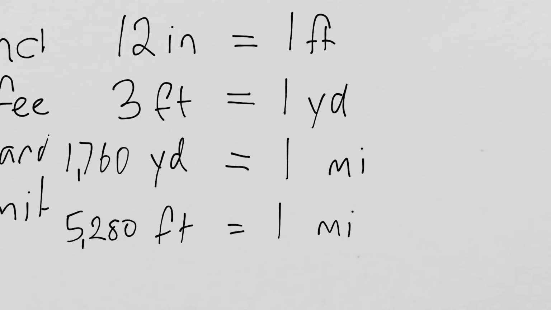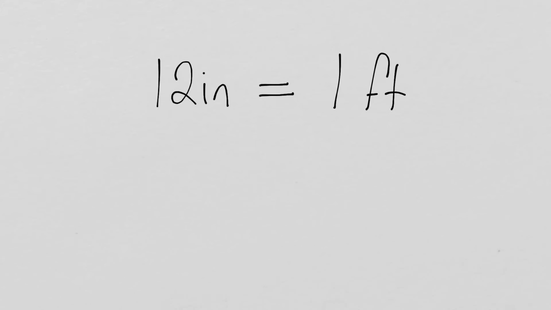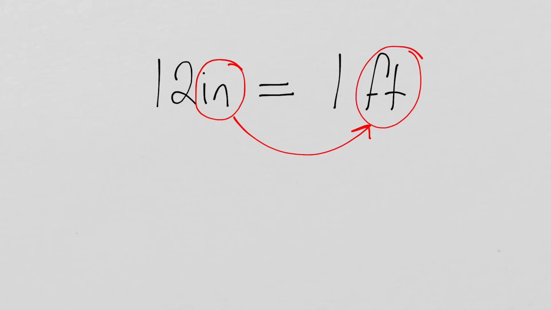Well, great. What do we do with them now that we know what the ratios are? So if we're converting between inches and feet, I'm going from this unit to this unit in that direction. So I've got to look at the numbers. Well, what are the numbers? 12 and 1. How would I go from the number 12 to the number 1?